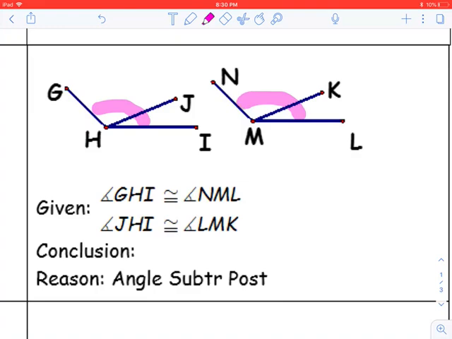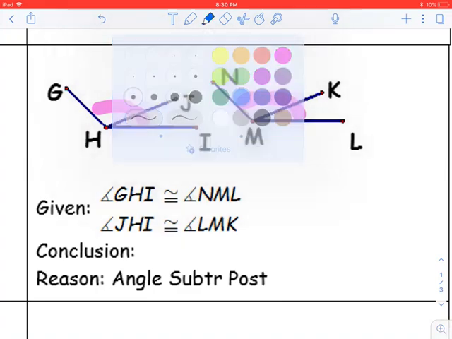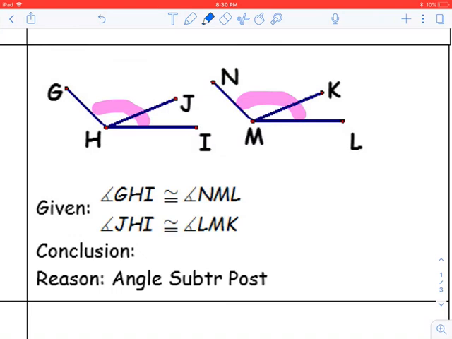And then it also tells us that JHI, just this little part right here, and LMK, just this little part here. So the subtraction postulate tells us that if I have the whole thing congruent and then a part congruent, then we can just take off what's left over. So take off what they both have, and then what we have left is also congruent.